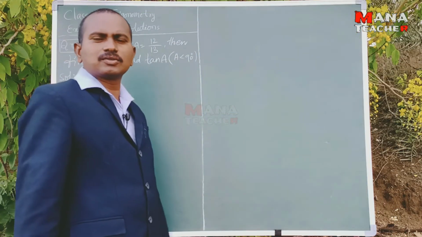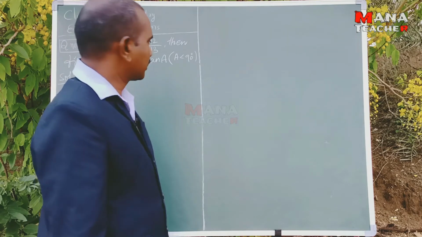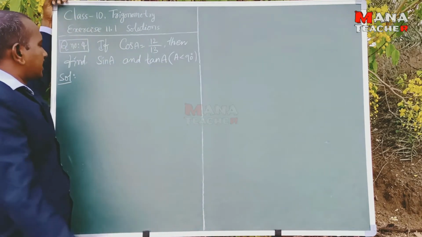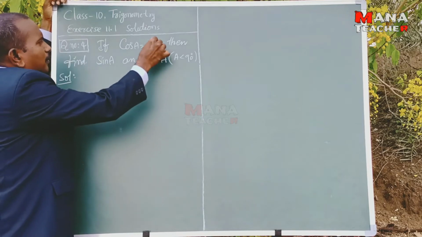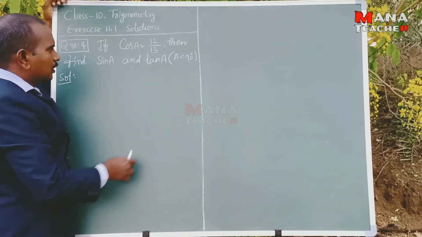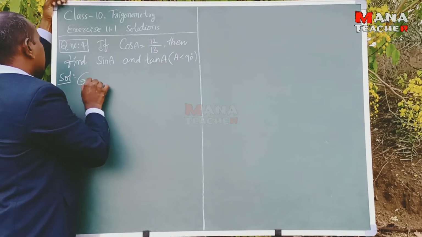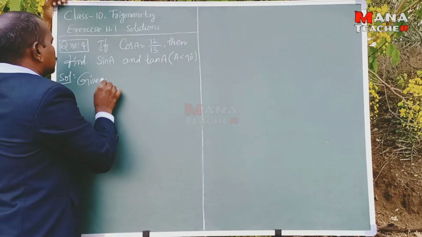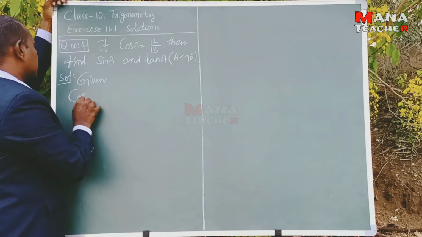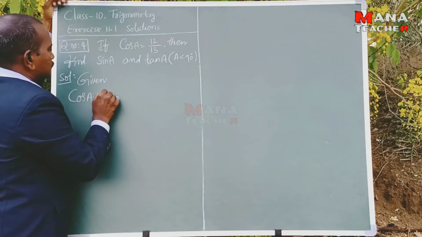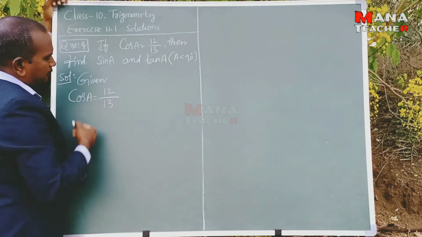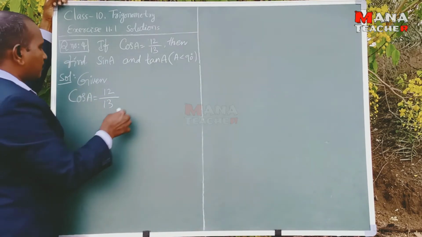Okay. Now, the fourth solution. Here, cos A equals 12 by 13, given. First, draw the diagram from this.